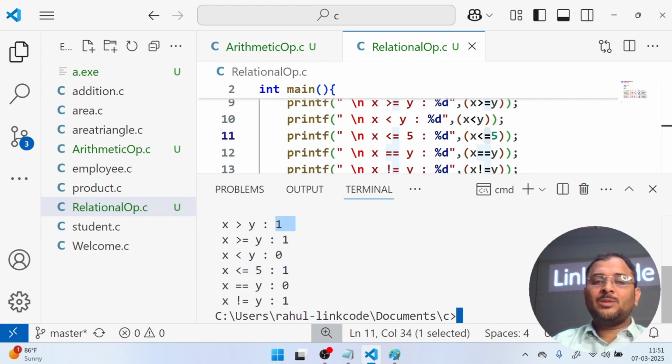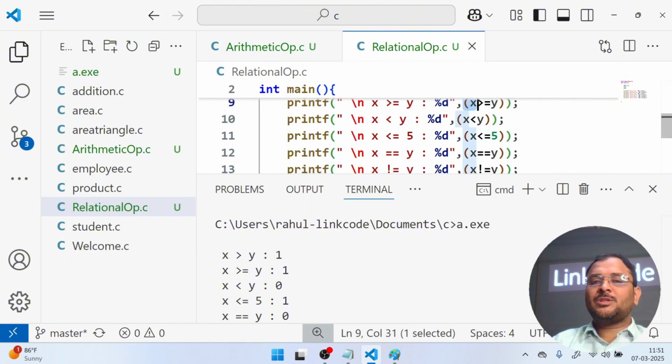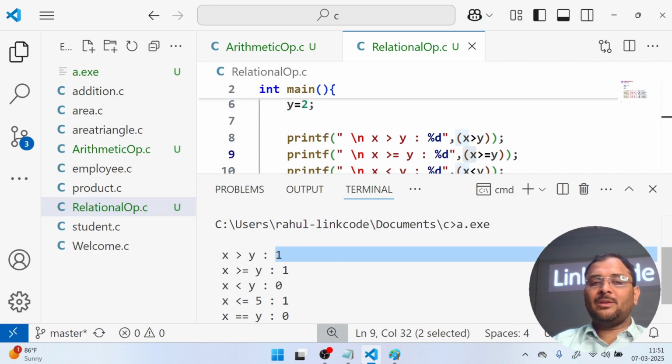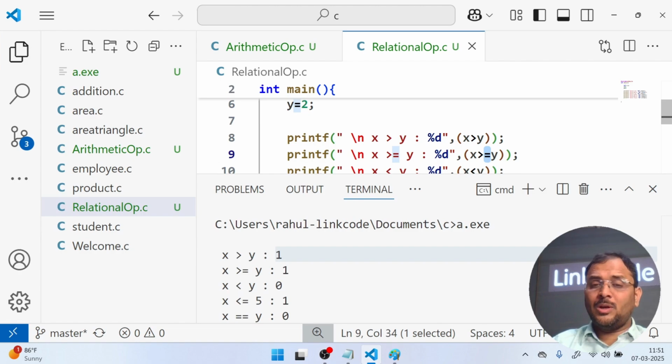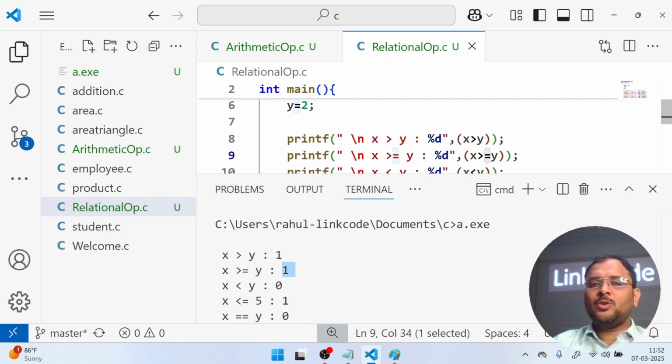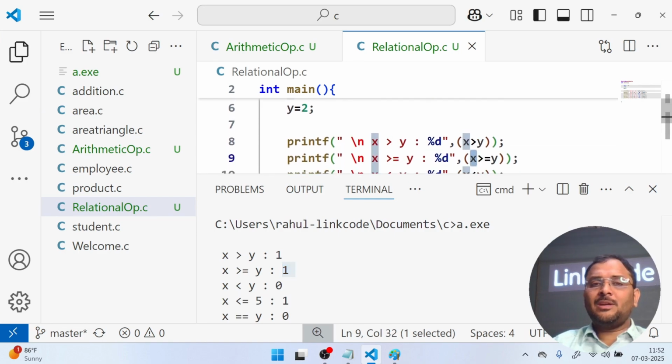So this is called the Boolean result, true or false. Then 5 is greater than 2, that's why the 1 is there. Check this in the second one. Here is also 1, because 5 is already greater than 2, so that's why it is 1.